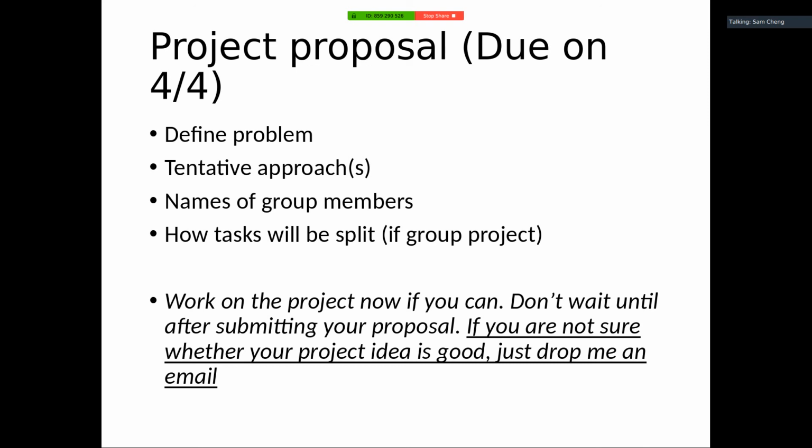Maybe afterward you study more and find out it was not really a good idea, you can change it, it doesn't matter. The idea of the proposal is that I just want to push you guys to start early, so it will be graded very loosely, don't worry about that. As long as you submit, I'll give everyone all the points, but I just want to push you to do it earlier and really think it through. So I guess that's about it.